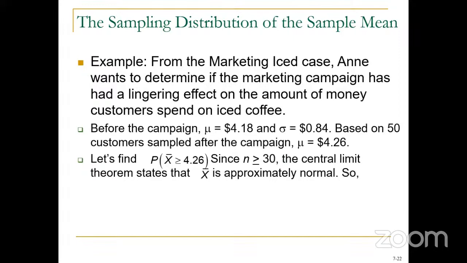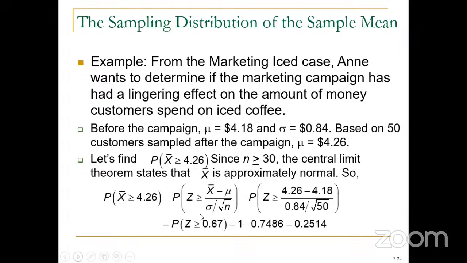And the z-score is nothing but x bar minus mu divided by sigma over root n, the standard error. So x bar is known, 4.26, minus mu, the population mean, which was given as 4.18 from past data. 0.84 is my standard deviation, and n, the number of people surveyed, is 50.